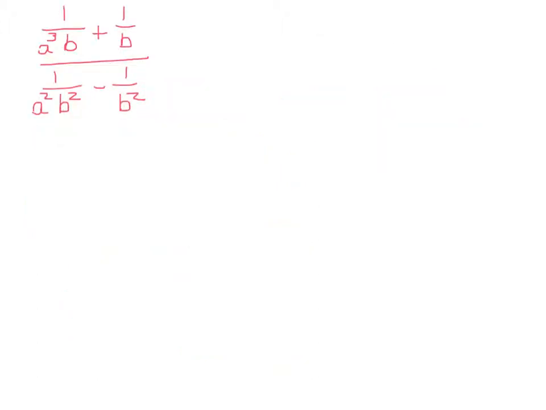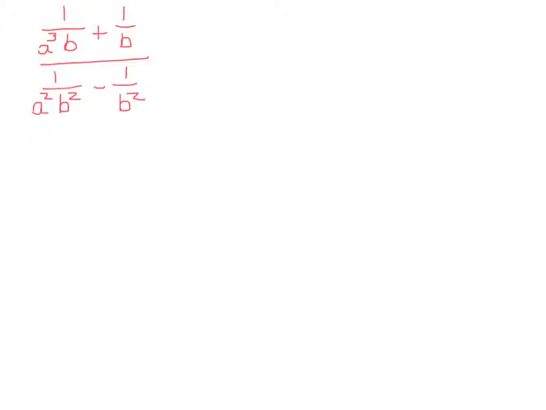Here's our next example, and you notice that we're dealing with variables now, but the idea is still the same. We're going to come up with a number, in this case variables, that when we multiply both the numerator and denominator of our rational expression, we'll be able to simplify it down. And you're still thinking of the least common multiple, and that means what do all of these go into?